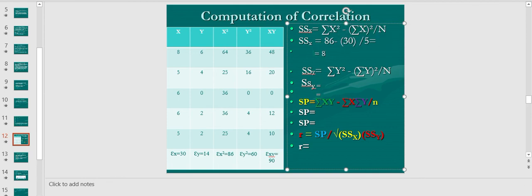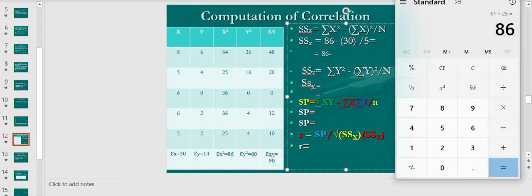It is 186 minus 900 divided by 5, which is 180.